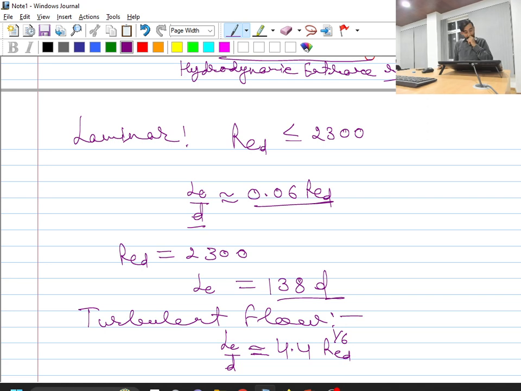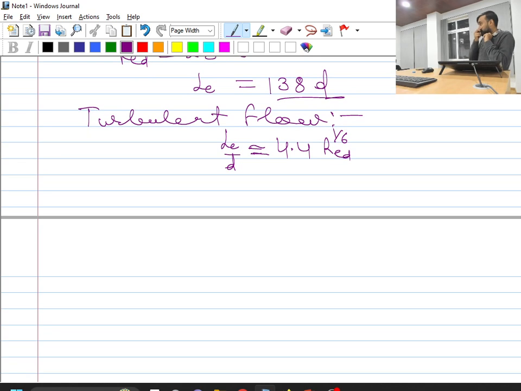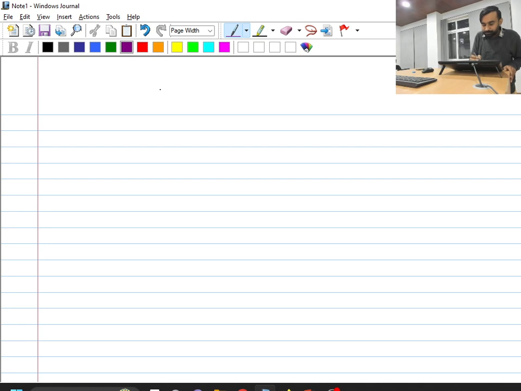Okay. Now one important point I would like to highlight: there are certain conditions for which we can neglect our entrance region, and there are certain conditions where the entrance region is actually desired. Okay. How? Let me explain to you.